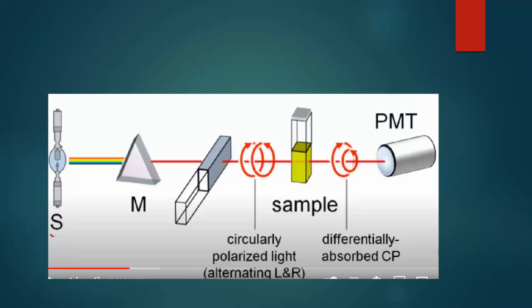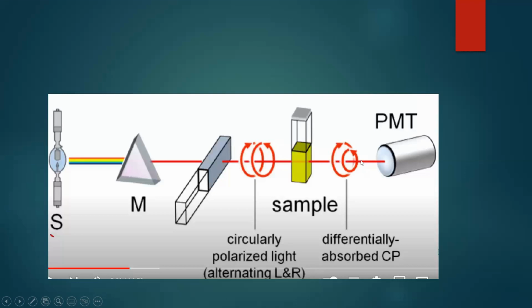In case our sample contains more of left-absorbing species, the light that is transmitted will have a decrease in the left circular polarized light, as you can see in the figure here. Here you can see the incident light, with right and left circular polarized light. Upon being absorbed by the species present in the sample, the left circular polarized light has decreased, whereas the right circular polarized light remains constant.